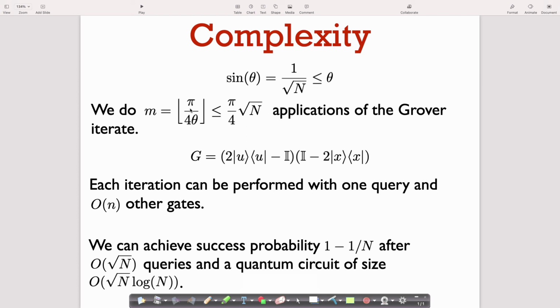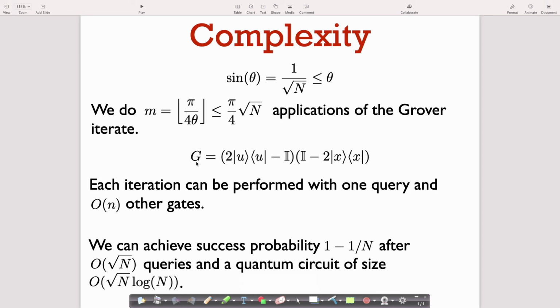So that means that pi divided by 4 theta is actually going to be less than pi over 4 times square root of n. So we can upper bound the number of iterations of the Grover iterate we're going to do by pi over 4 times square root of n, because the theta here in the denominator is actually bigger than 1 over root n. Okay, good.